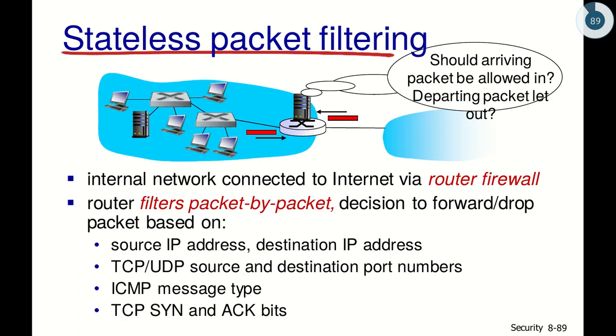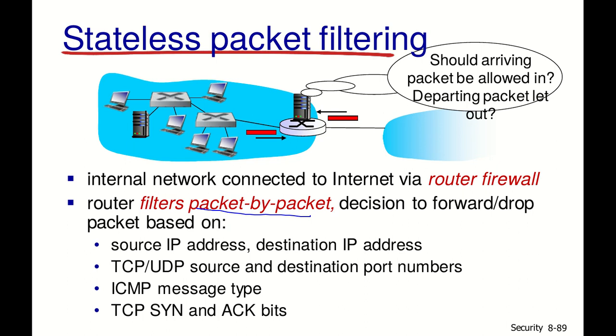Okay, so we start with stateless packet filtering. This is the most basic type of firewall, and usually it is located at the gateway router. Stateless packet filtering only checks the header of the packet, packet by packet, so it cannot make any correlation between different packets.